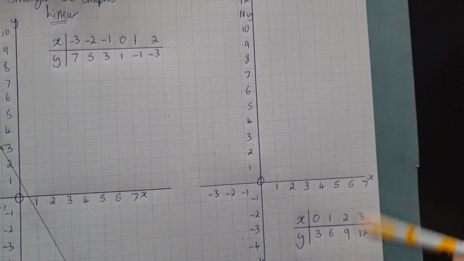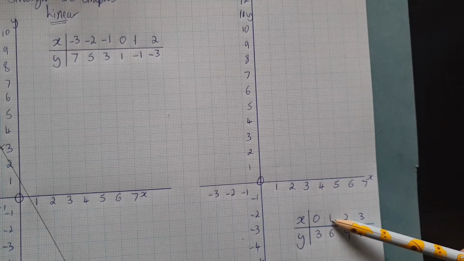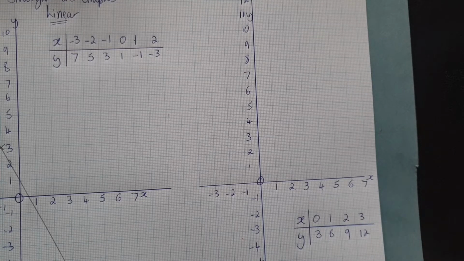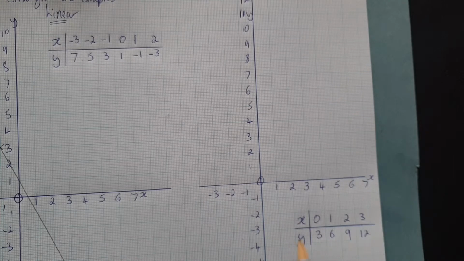We have 4 pieces of information here: 0, 3, 1, 6, 2, 9, 3, 12. What I want you to do is, once this is drawn or printed out, plot these points and draw in the line. As normal, pause it and then check back in to see what your answer is.